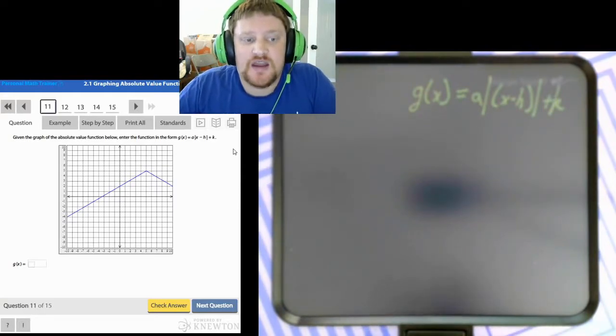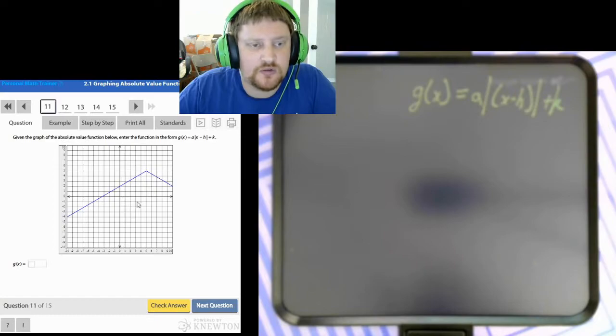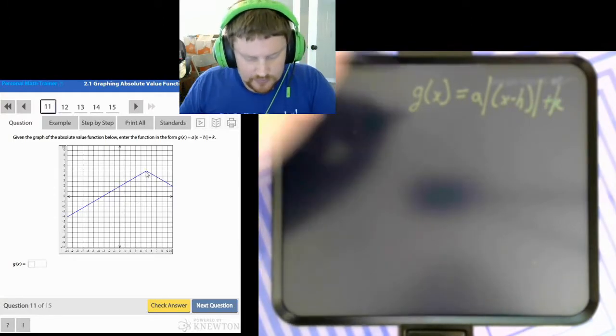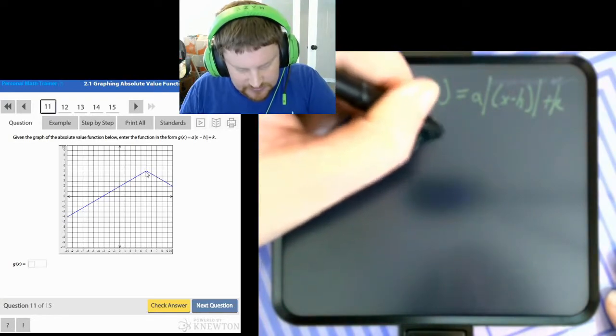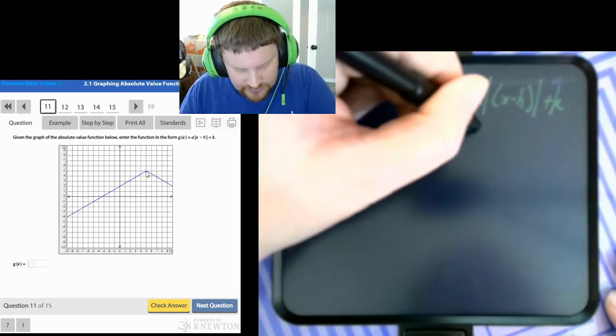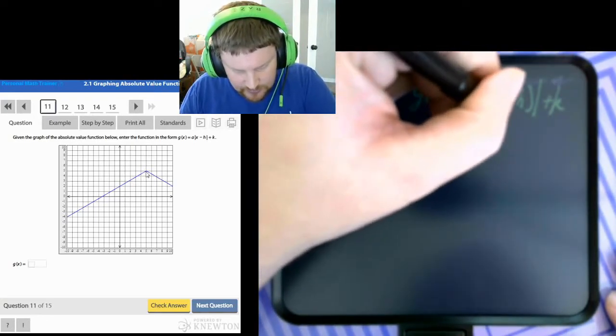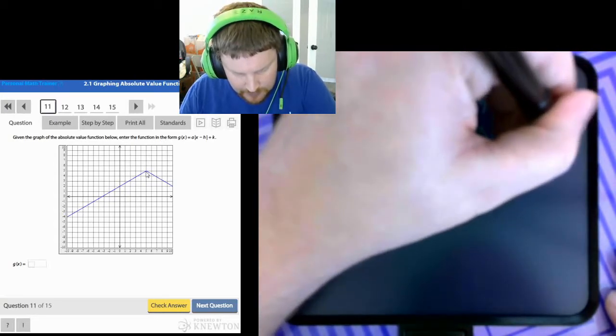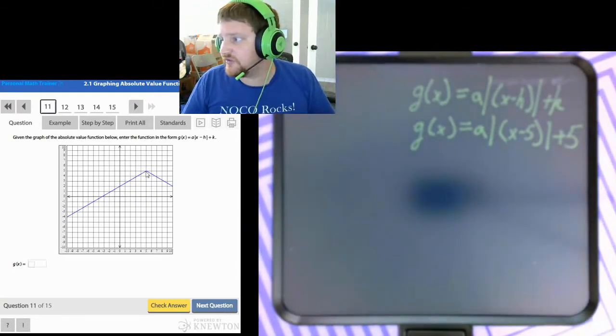Our h and our k are just our vertex points. So we have 5, 5. We moved 5 to the right and 5 up. So that's g of x equals a absolute value of x minus 5 absolute value plus 5.